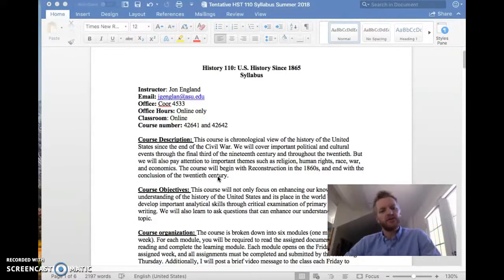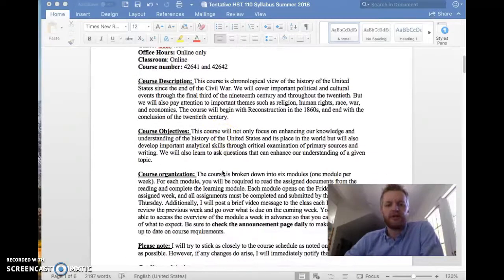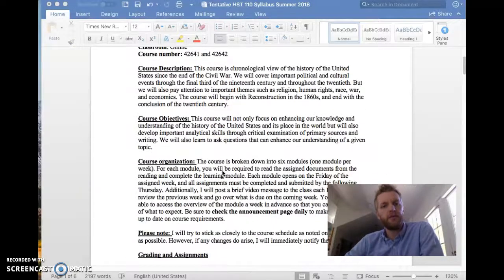So you can read through the course description yourself, but as far as course objectives go, a lot of people complain about history because they say, I'm not good at memorizing facts and dates and people, names, that sort of thing. And there is some of that, to be fair, but history is more about actually being analytical and critical, and good historians are also good writers.